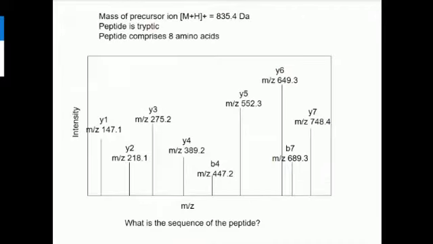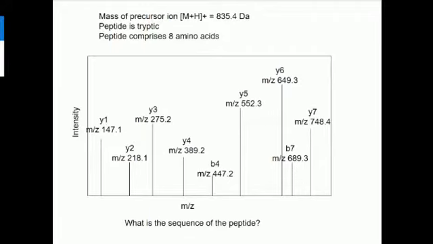Right. So, this is an exercise. This is what you needed that sheet that I was handing round for. Here's a mass spectrum. So this is the fragmentation spectrum, CID spectrum, of a peptide, which is tryptic. So the mass of the intact peptide, or its mass to charge, I should say, is 835.4 Daltons.